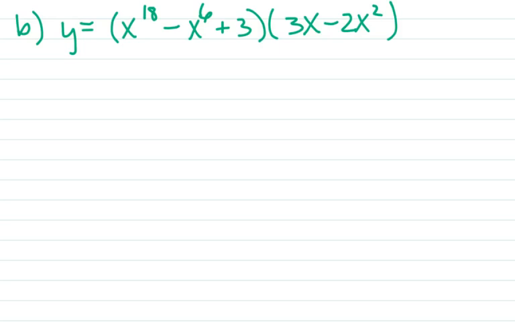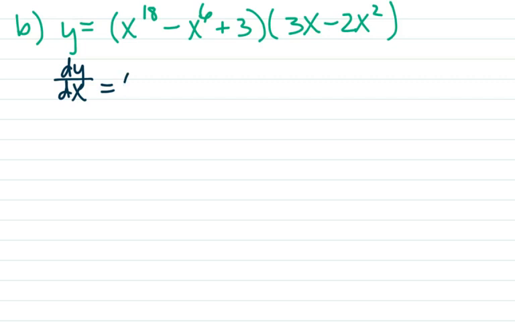So for our second example, y equals x to the 18th minus x to the 6th plus 3 times 3x minus 2x squared. Well, you can sit there and multiply that out if you would like, but the more we get into this stuff, you'll notice the more complicated it will get, and you're really going to want to be comfortable with this product rule.